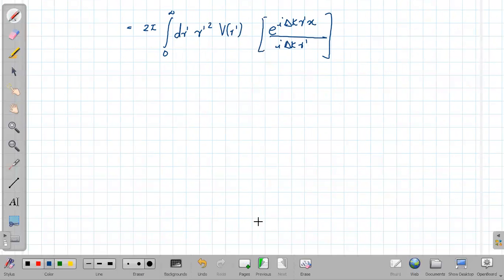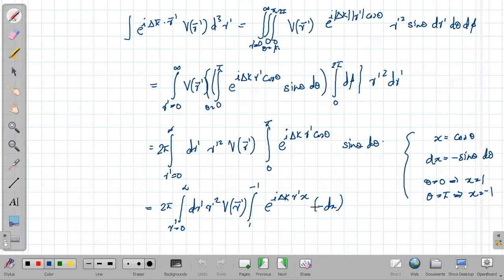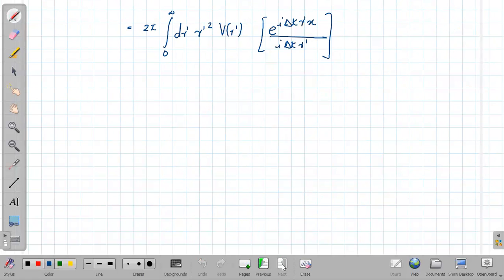So it will be 2 pi integral 0 to infinity dr prime r prime square v of r prime e raised to I delta k r prime x divided by I delta k r prime, and the limit, there is already a minus sign here, so that minus sign can flip the limit. So instead of 1 to minus 1, I can put minus 1 to 1. Okay, so far so good.